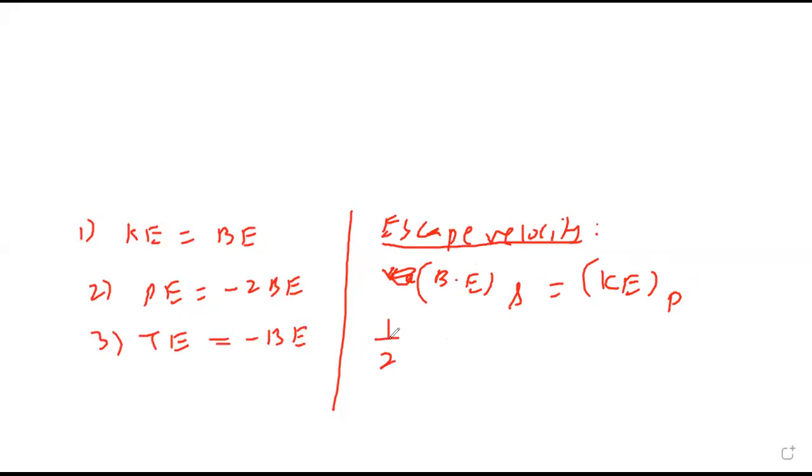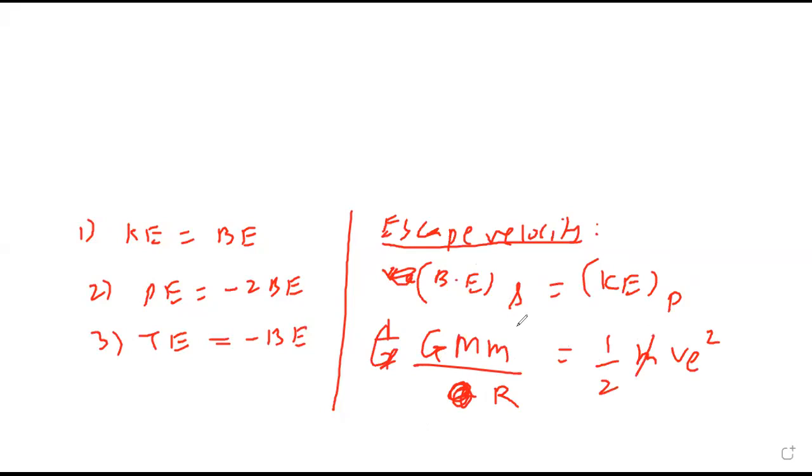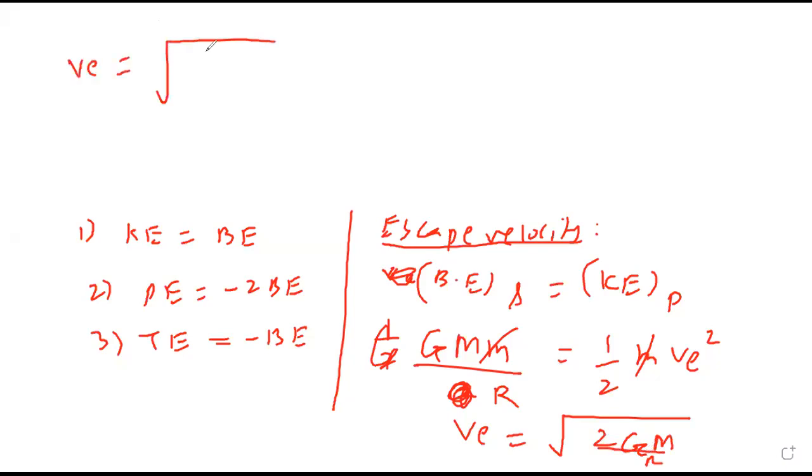Half, this is GMm upon 2 times capital R on the surface. Because it is at rest, this 2 will not come. Equal to half m escape velocity square. The m cancels. So escape velocity is given by root of 2 times GM by R, which is same as root of 2 times R square g by R, that is root of 2gR.